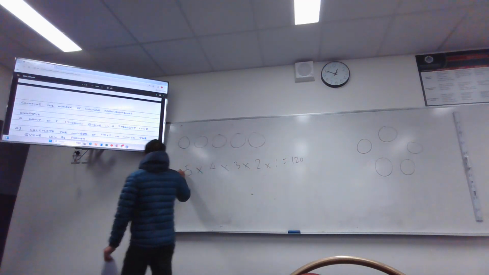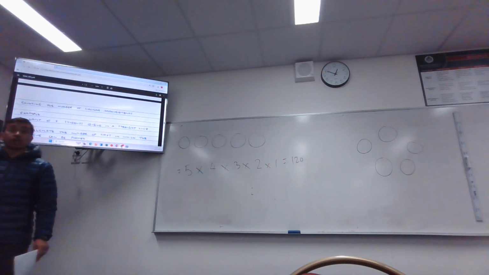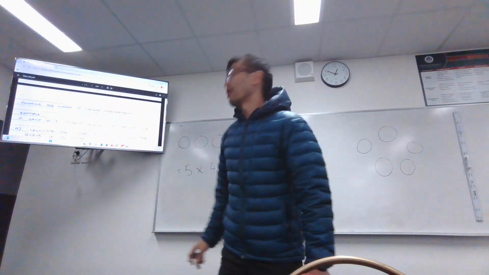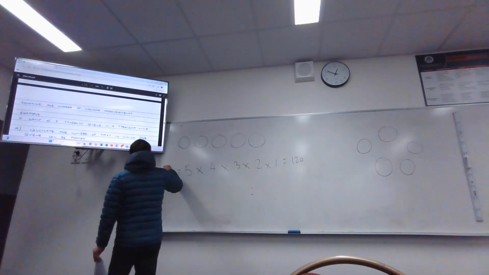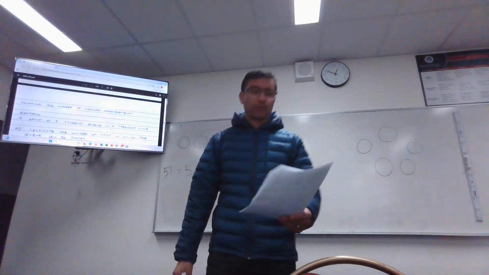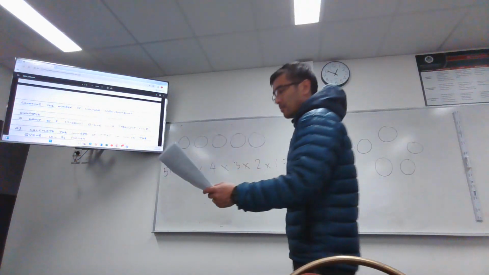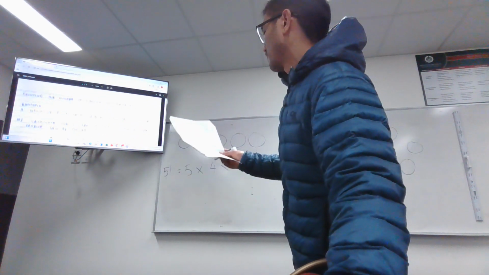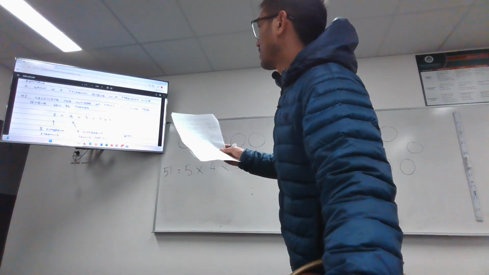The other way to write 5 times 4 times 3 times 2 times 1 is, what's the short way? 5 factorial. Exclamation point, 5 factorial. Okay? But let's see if they gather in a queue.